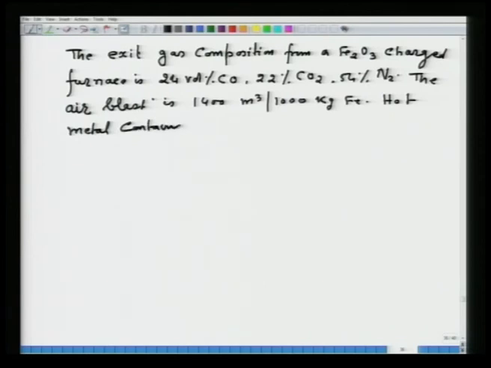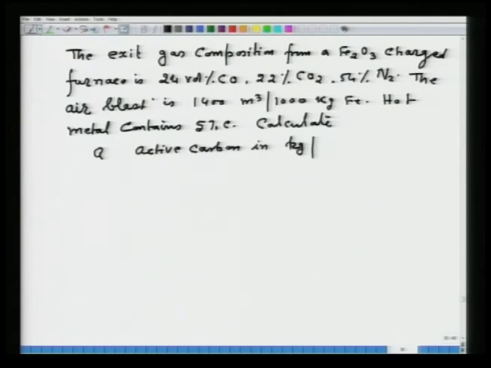Hot metal contains 5% carbon. So, calculate A, active carbon in kg per 1000 kg of product iron, and B, calculate total carbon.